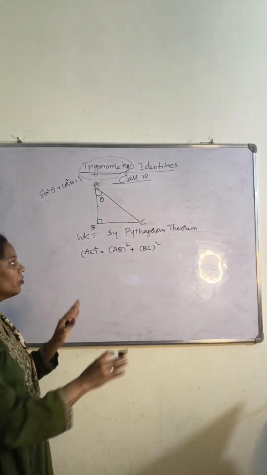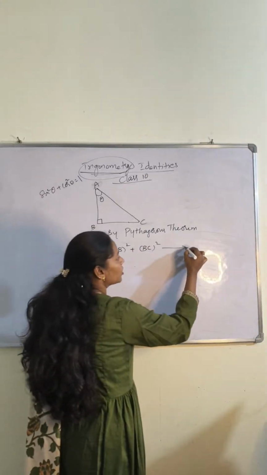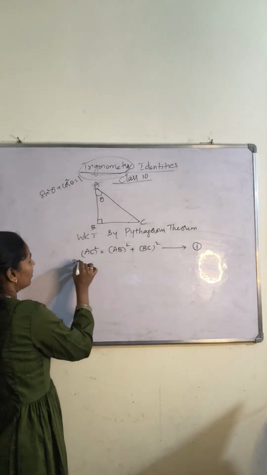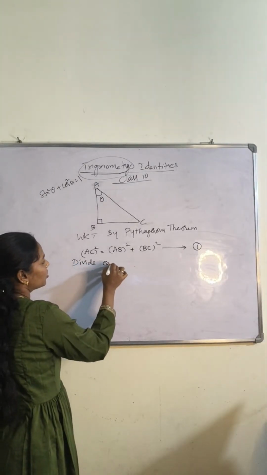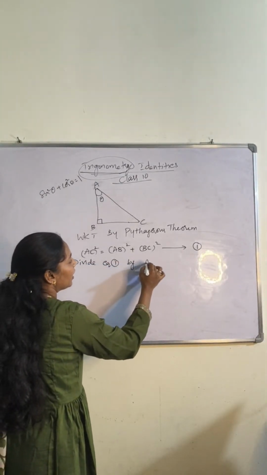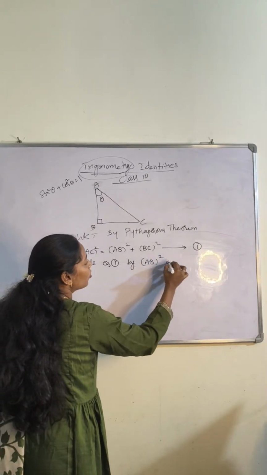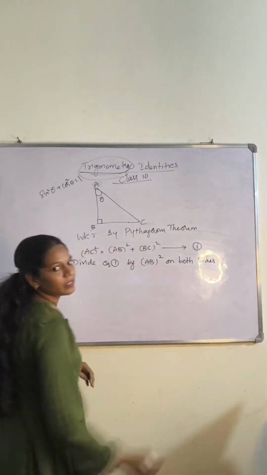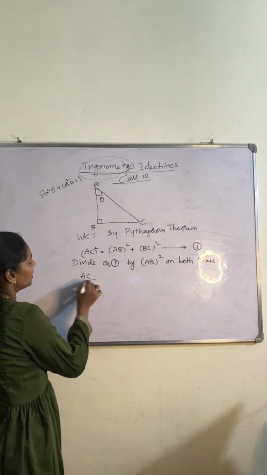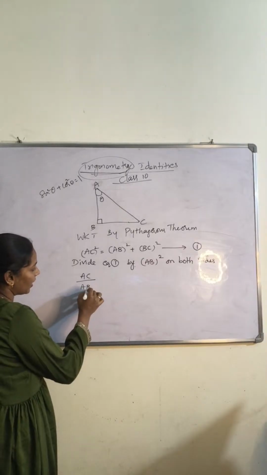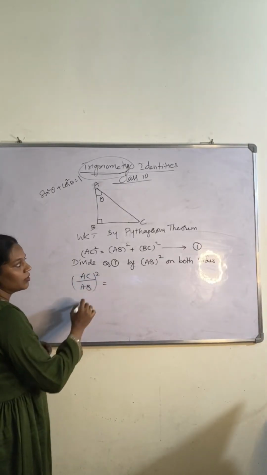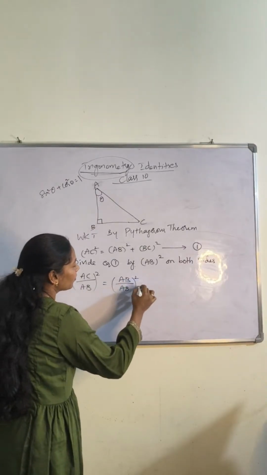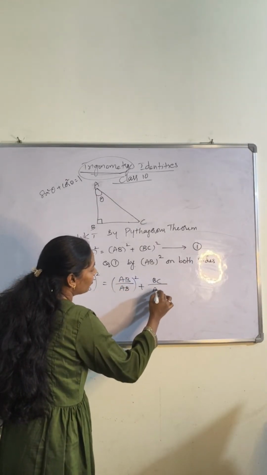So what I have to do, we need to divide the full equation 1 by AB square on both sides. Next, that results in AC by AB whole square, AB by AB whole square, BC by AB whole square.